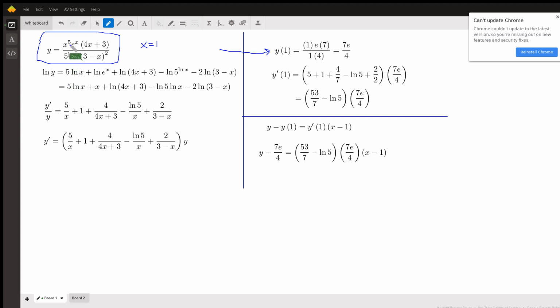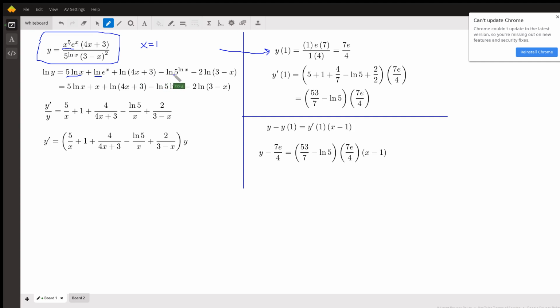So in the numerator, the log of a product equals the sum of the logs, and I can also move these exponents down front. So this x to the 5th, if I take the log of that, is 5 ln of x, plus ln of e to the x, plus ln of 4x plus 3, and then minus the factors in the denominator.